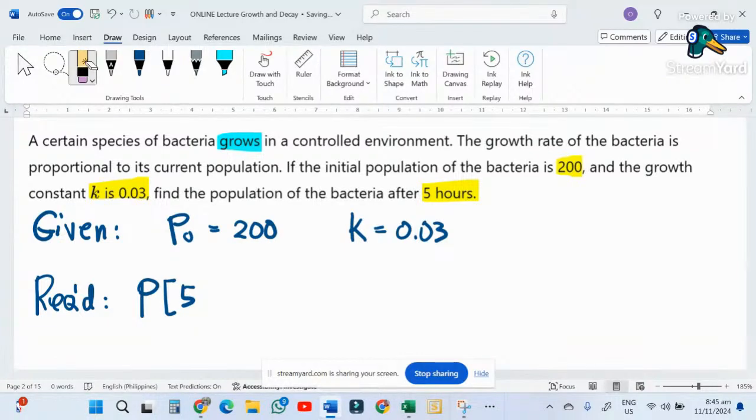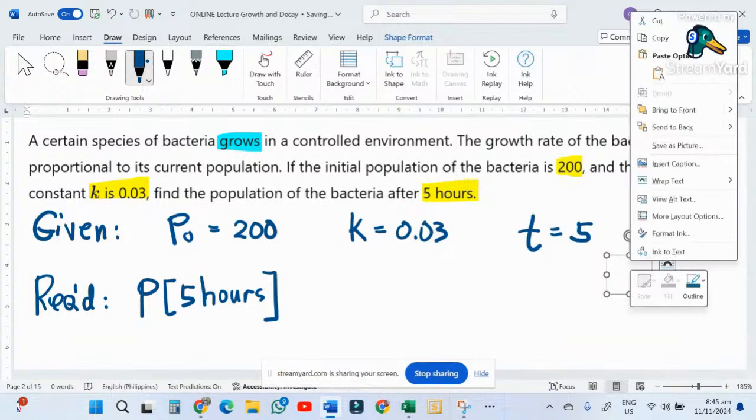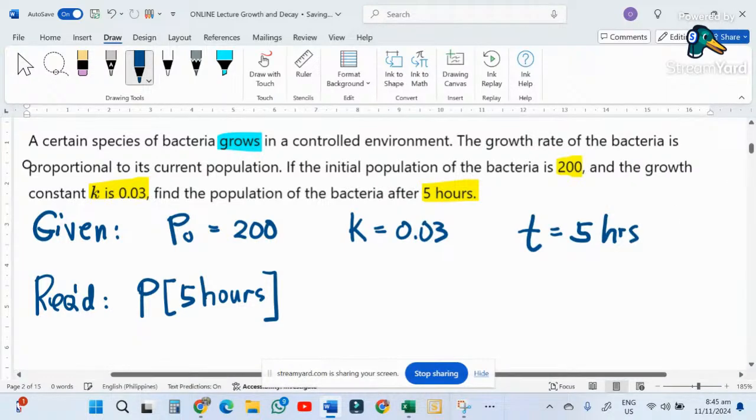Or we can put here P of 5 hours. Therefore, the time that we're going to include in our analysis will be 5 hours.